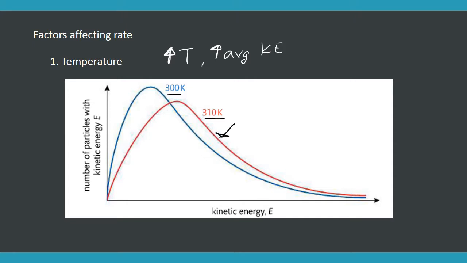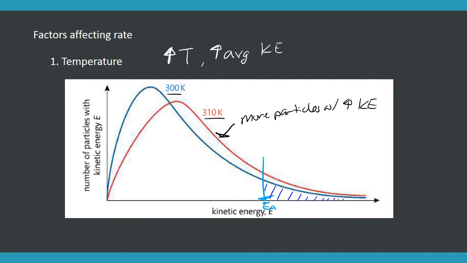Which means that at the 310 K, based off the area under the curve, you have more particles with an increased kinetic energy. And that's what gives you the shift. So if we go through and we put our activation energy site, right? So here's our EA. Originally, we had a certain number of atoms or molecules that had enough energy to perform the reaction.